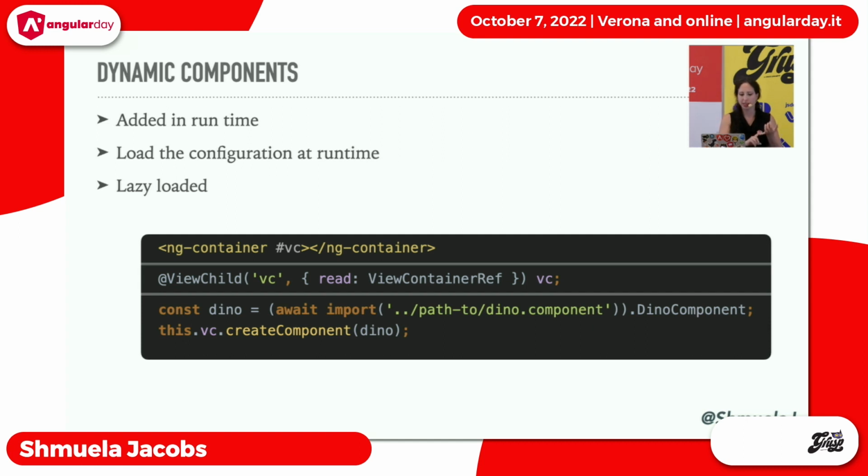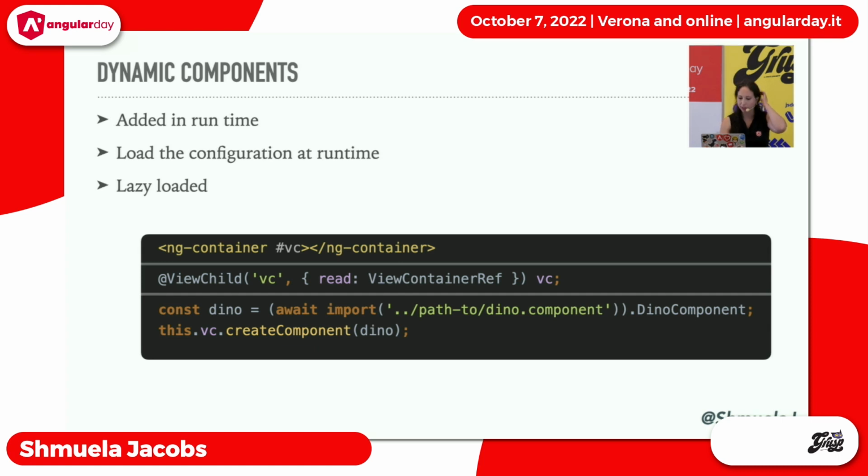You put the reference on the ng-container, and you use ng-container because it's not added to the HTML as an element. Then you get the reference in your component using ViewChild, and then you just create the component, and you can import it lazily so that it's not loaded with the whole application, only on demand.